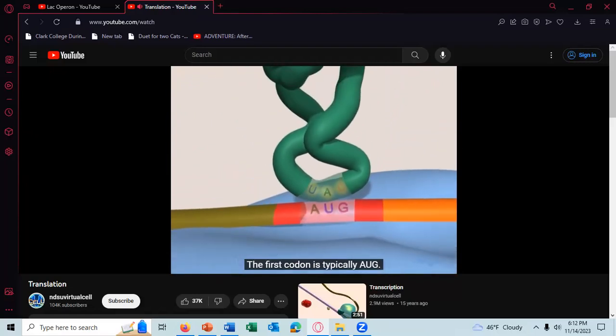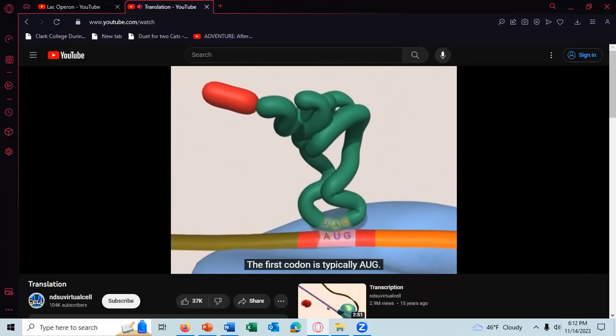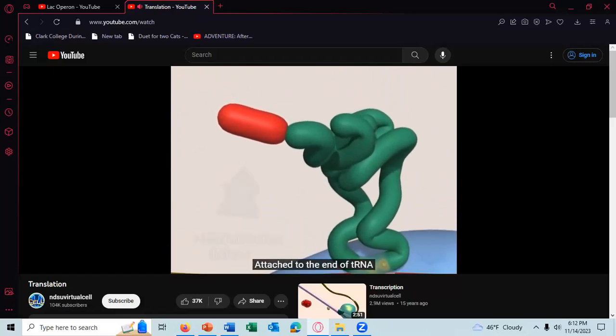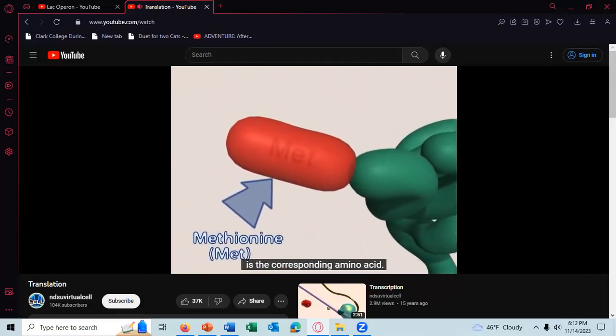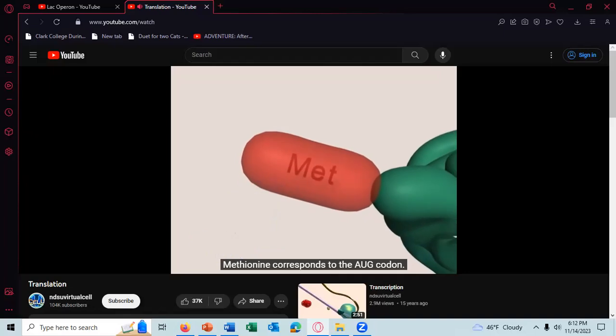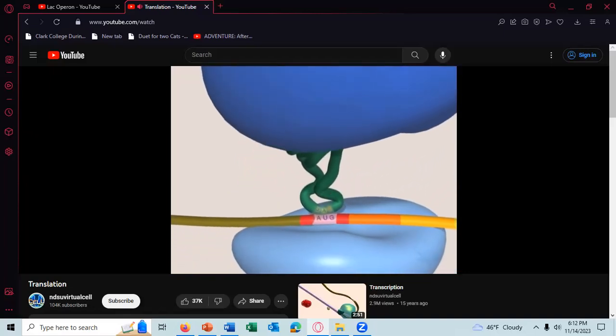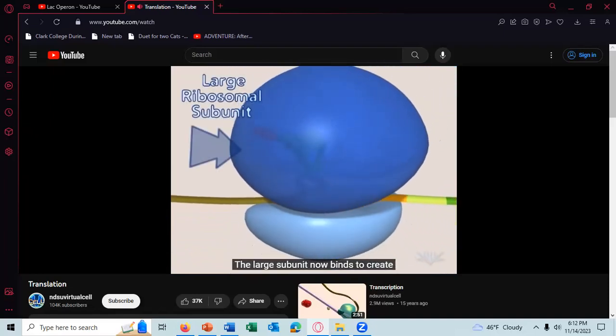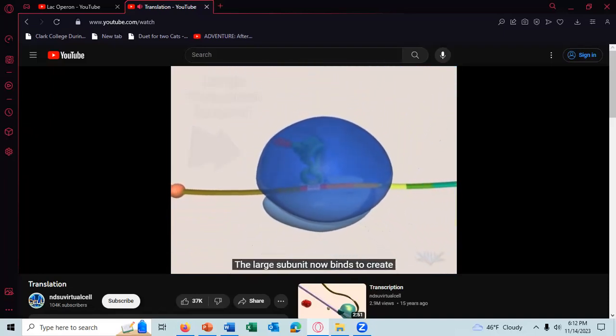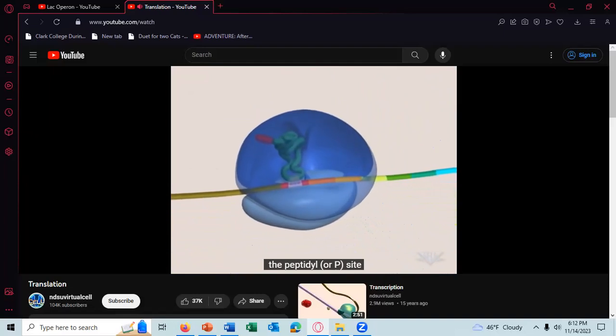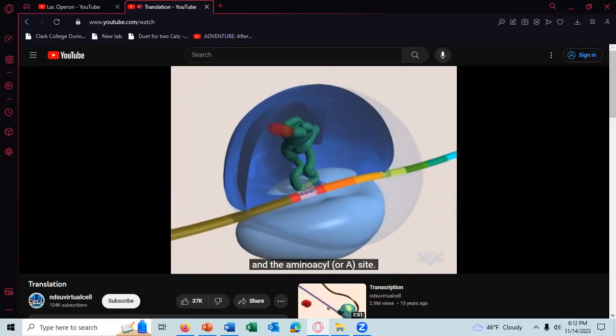The first mRNA codon is typically AUG. Attached to the end of the tRNA is the corresponding amino acid. Methionine corresponds to the AUG codon. The large subunit of the ribosome now binds to create the peptidyl, or P site, and the aminoacyl, or A site.